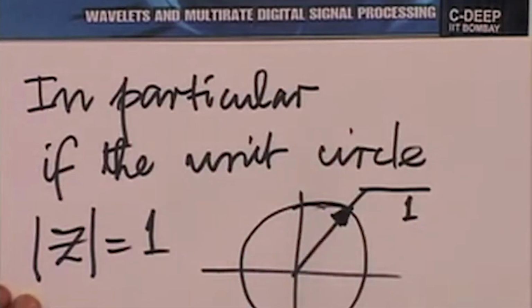So, if the unit circle is included in R, then we have a frequency response for the system.